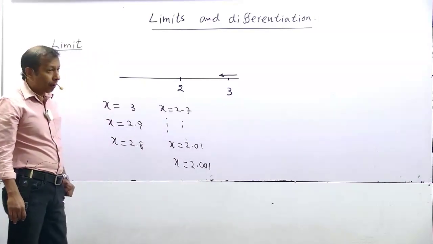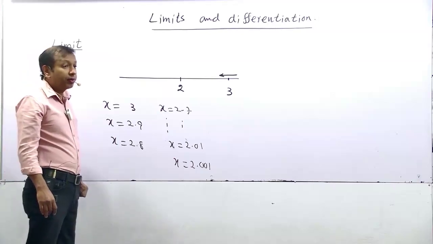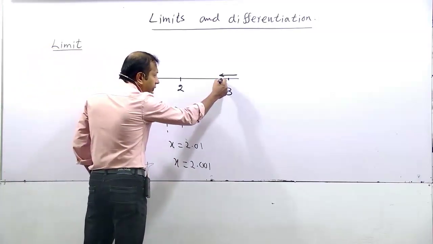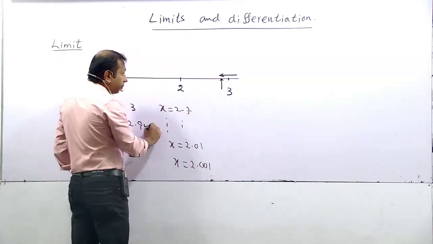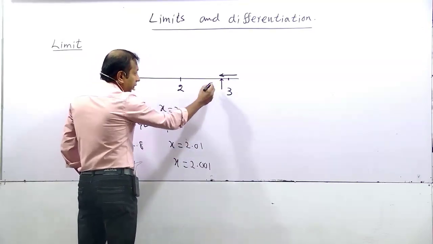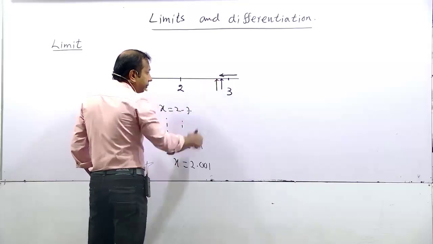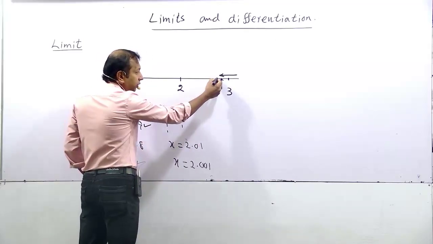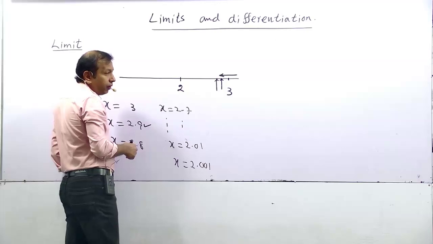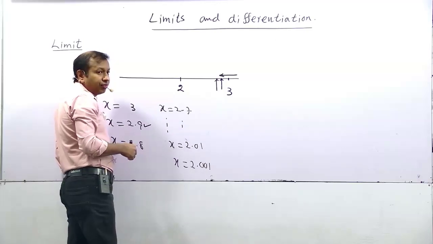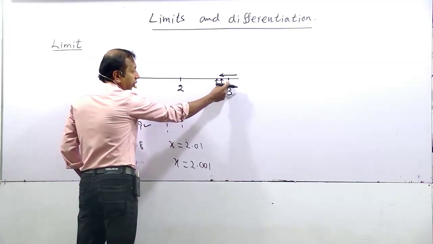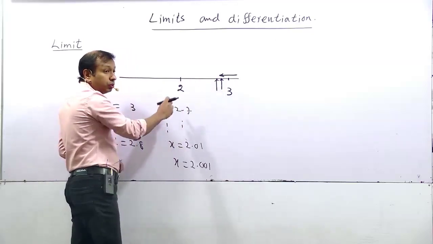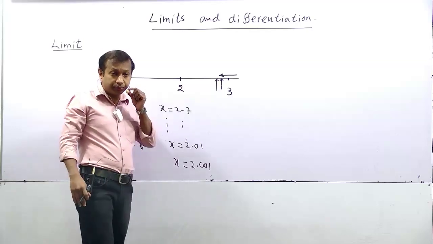Then those values, if I mark here on the number line, this is suppose 2.9. Suppose this is 2.8. These are the values this x takes. Then you can very clearly see x takes values coming towards this 2 on the right of 2.